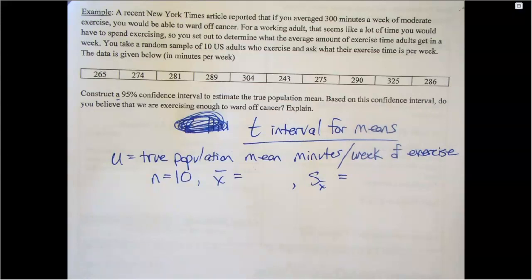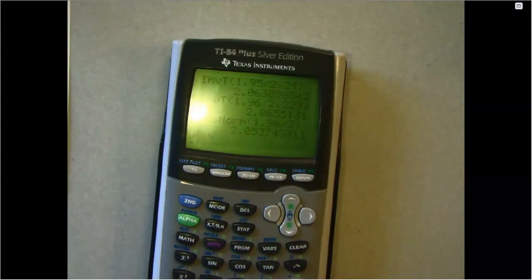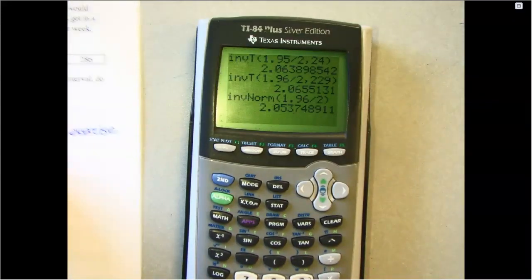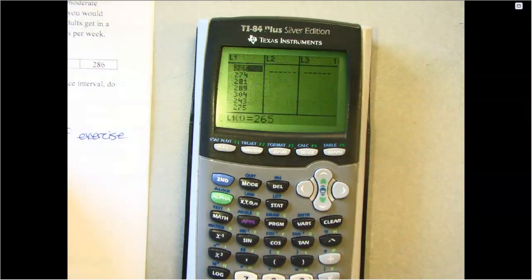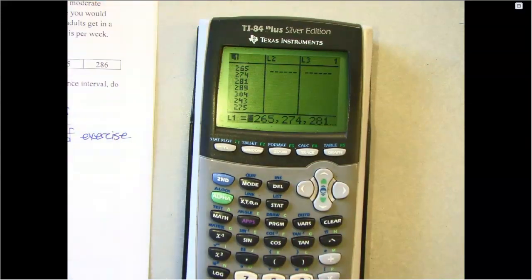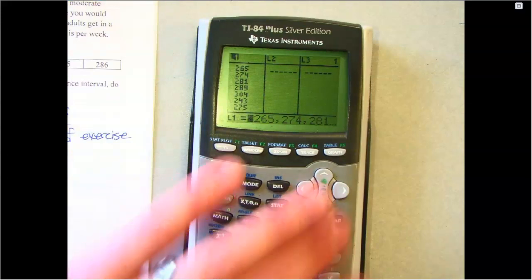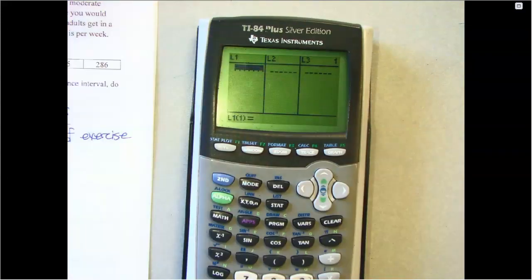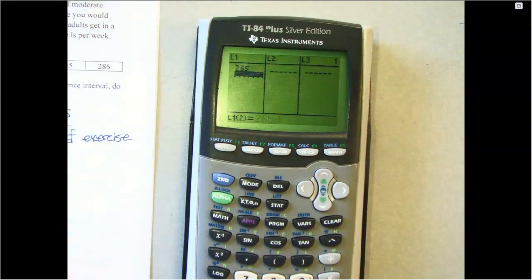You're going to go stat, edit, type those numbers into your L1. Remember, you can go up to the top and hit clear, then enter. It'll clear out the whole column for you. Don't hit delete though. Delete deletes the entire column. And then I'm just typing in my data set.